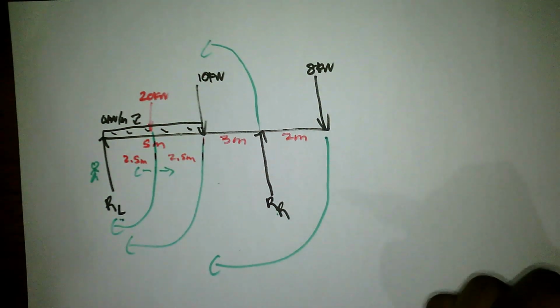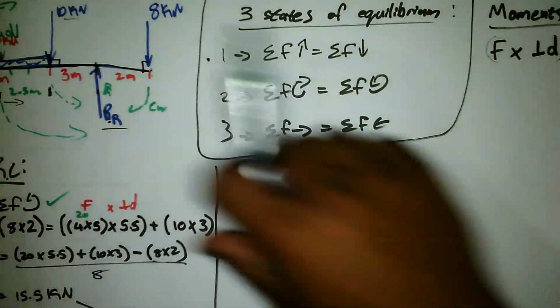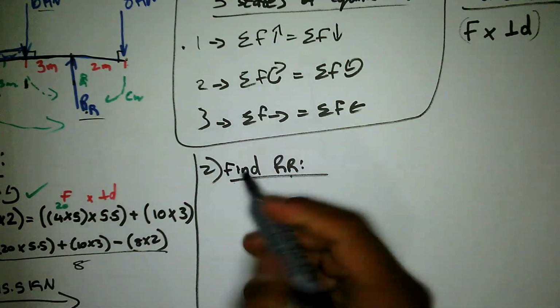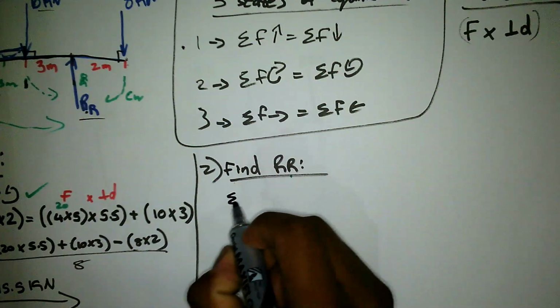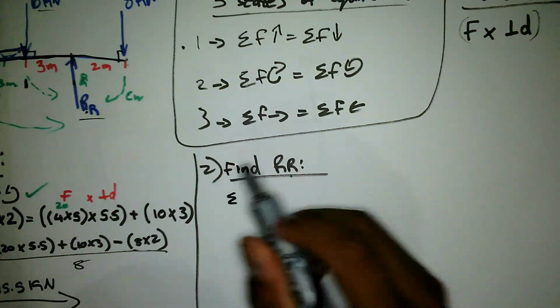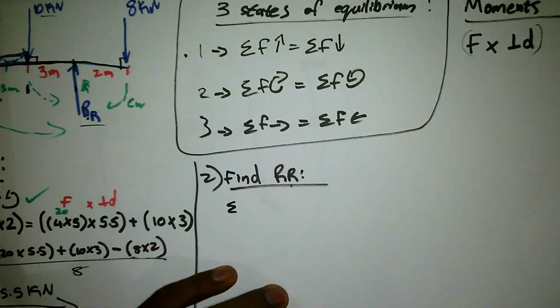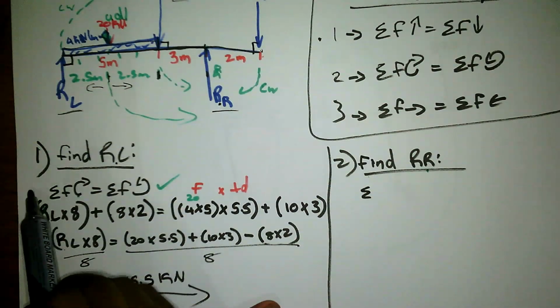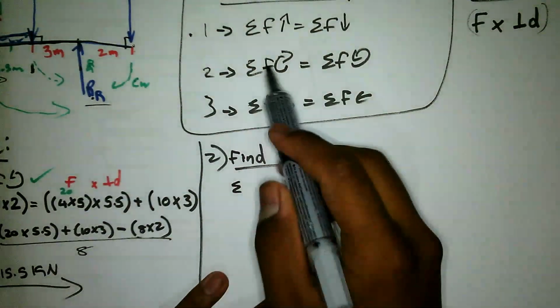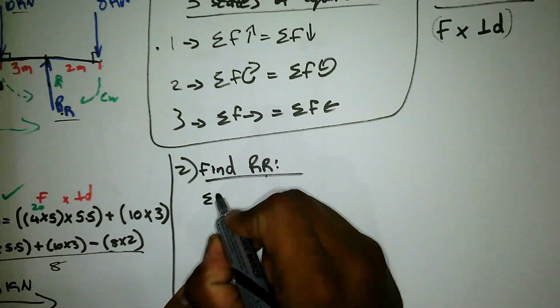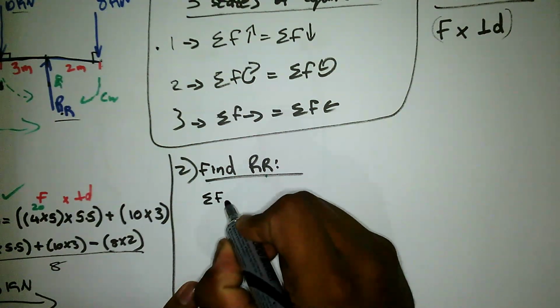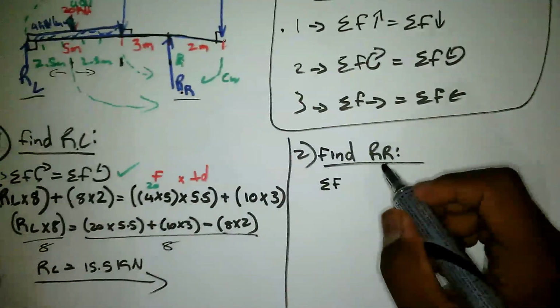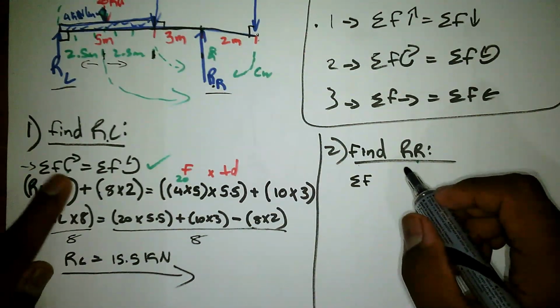So what do we do now? We state our formula from our equilibrium. We use the same as we did here with our second state of equilibrium: sum of the forces. I like to begin with the reference first.